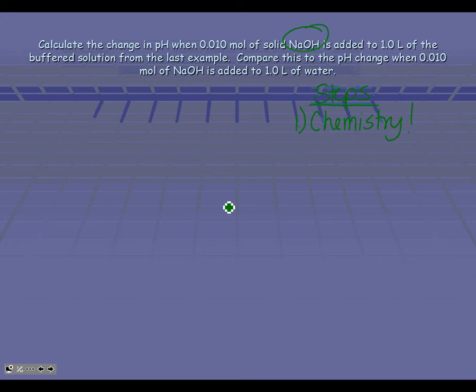So let's look at that chemistry step first, and I'll number it number 1 so you know exactly what we're working on. From the sodium hydroxide, it's only the hydroxide that we're worried about. That's the part that's going to react with our weak acid from our last problem. So this is our base, that's our acid, and let's see what it's going to make.